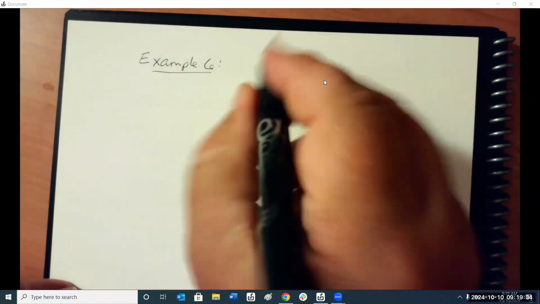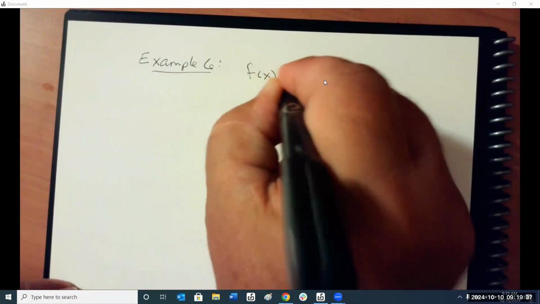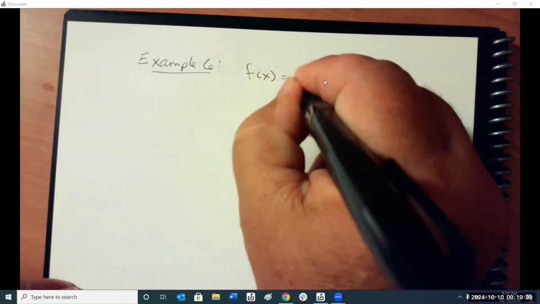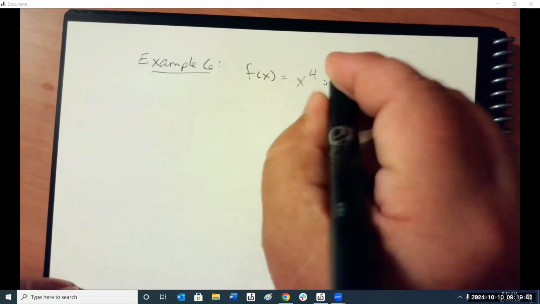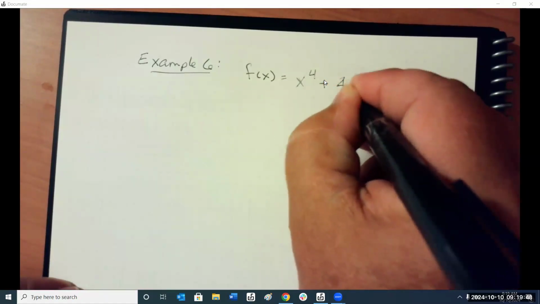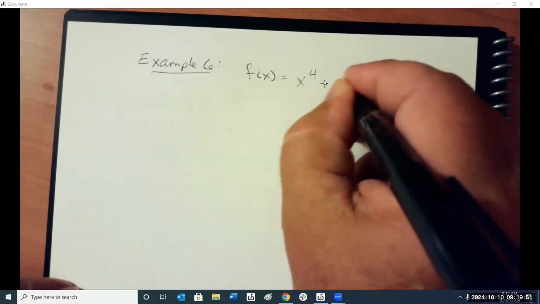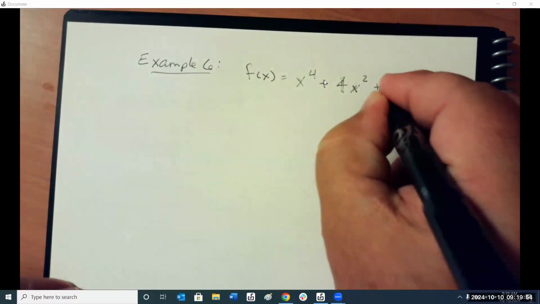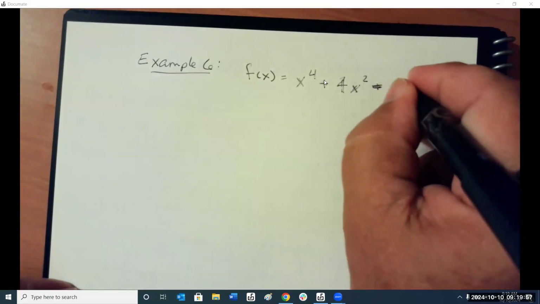All right, let's look at examples. Find the zeros: x to the 4th plus 4x squared minus 45.